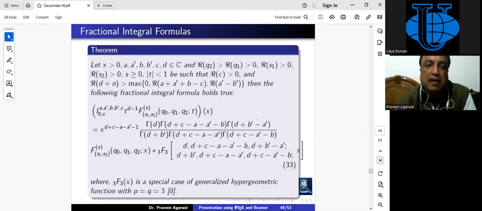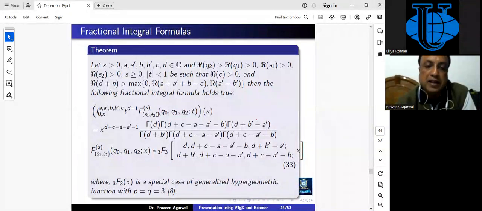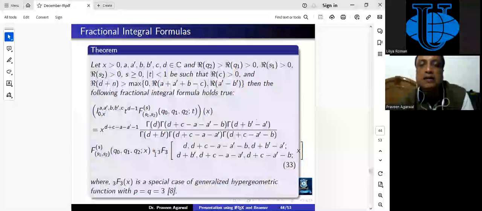Then we have developed a very interesting definition in which we use the generalized extended Saigo-Maeda fractional integral operator and the generalized Gauss hypergeometric function as a composition formula. We got the result in terms of the product of the gamma function and the product of two members of the family of special functions.